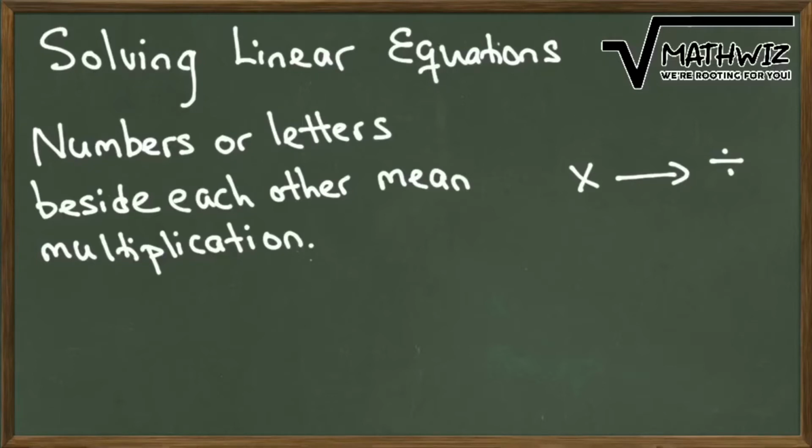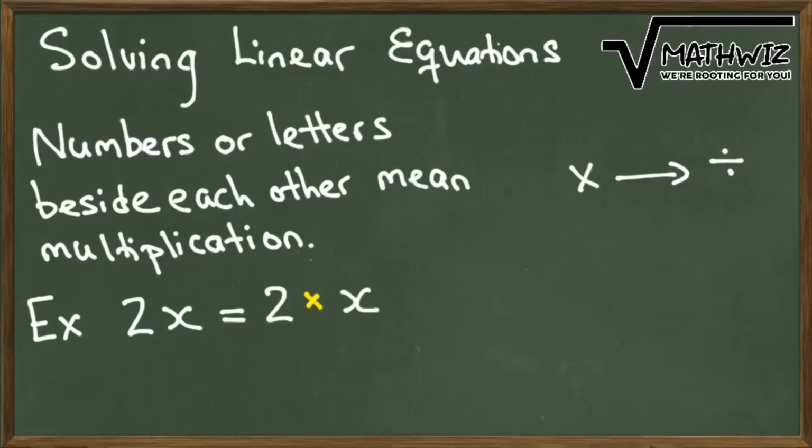The first one is that numbers or letters beside each other mean multiplication. So what do I mean by that? For example, when I see 2x, a number beside a letter, without there being a multiplication sign in between them, I am supposed to know that it means 2 times x, right?